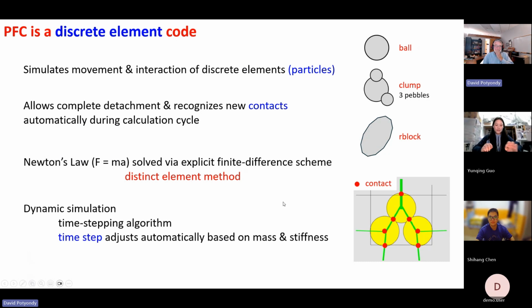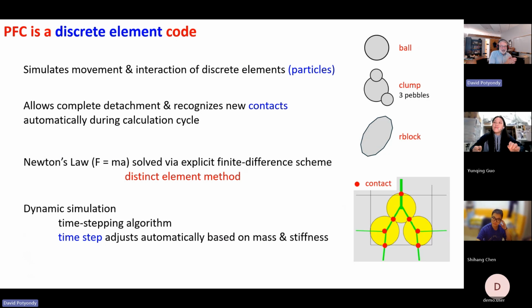The other thing is, this is a dynamic simulation. This means that we're always moving forward in time. And so at any given time, we know the position and the velocity of every single particle. We also know how many contacts there are, and what the force is at that contact.